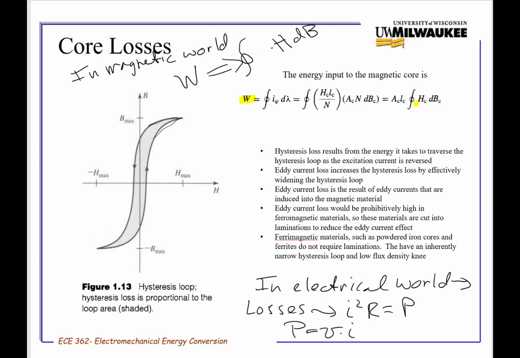It's saying here's the H right here, and if you do a closed contour integral of the B, that is proportional to the energy. So as this curve widens, you increase the energy.